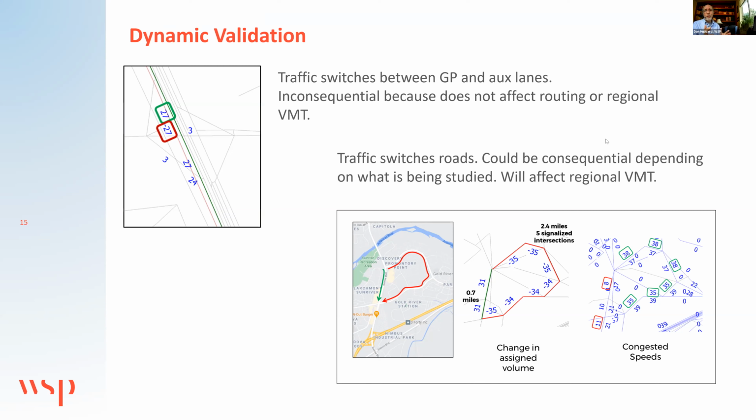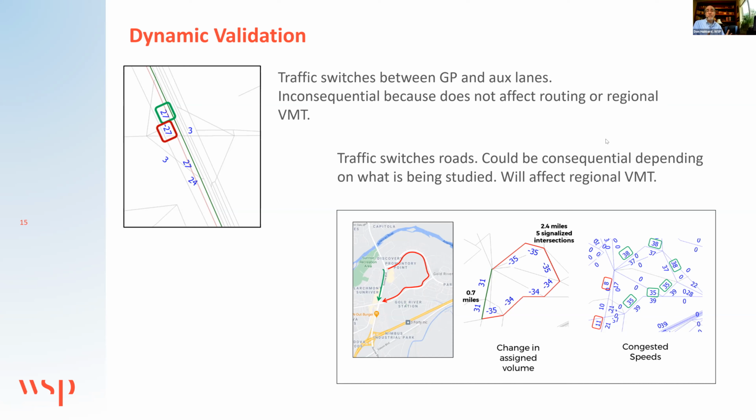So what's going on there is that the model isn't representing the actual delay that would occur if you went through 5 different signalized intersections. It may be overestimating delay on Sunrise Boulevard. This sort of thing, depending on the volumes, could be consequential. Depending on what it is you're studying, if you were studying intersections, this could be important.